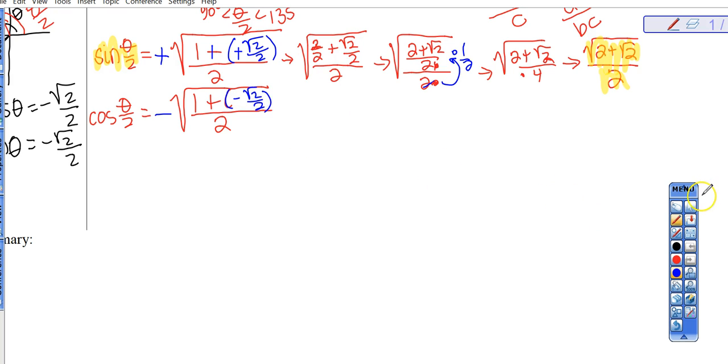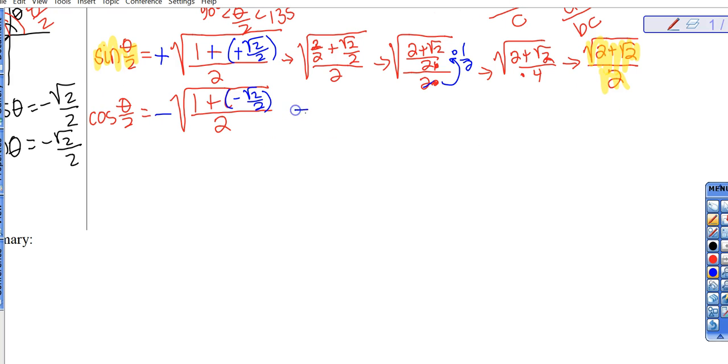Now I'm wondering if you can see how similar these two problems are. And I'm wondering if you could get to the end right away without doing all the intermediate steps. It's just going to be a negative square root of 2 minus square root of 2 over 2.